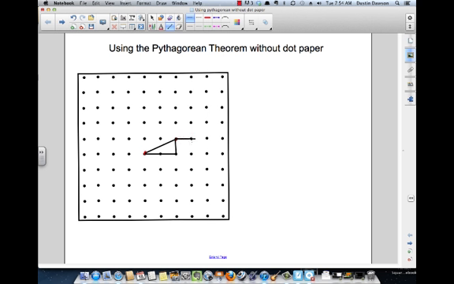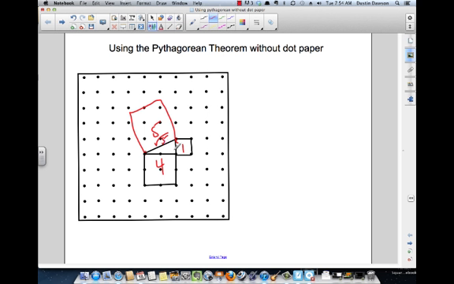Then we find the areas of the squares of the legs, and add those areas together to find the area of the hypotenuse. Then we take the square root of that area of the hypotenuse, and we figure out our distance between the 2 points, in this case square root 5.